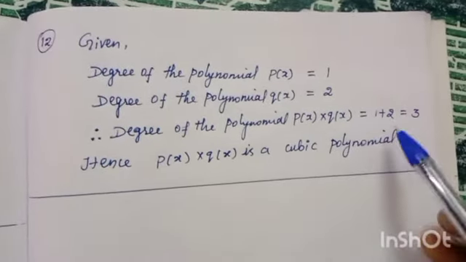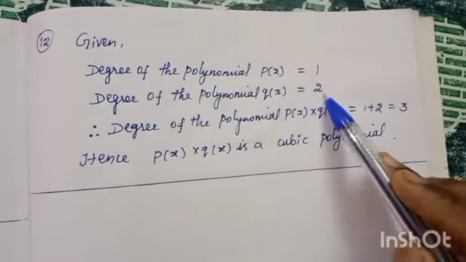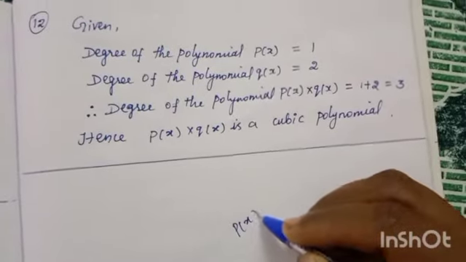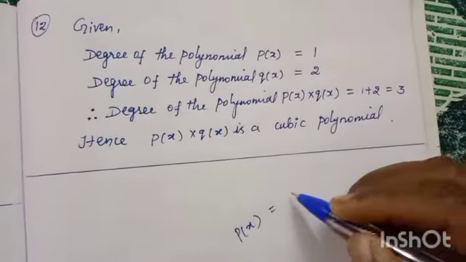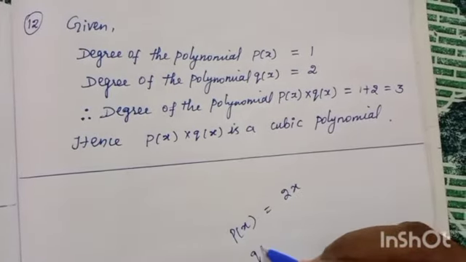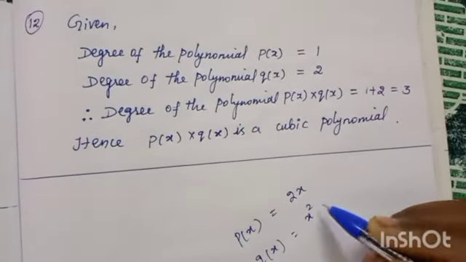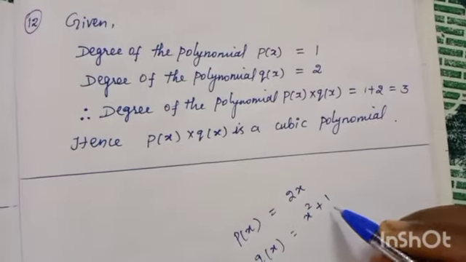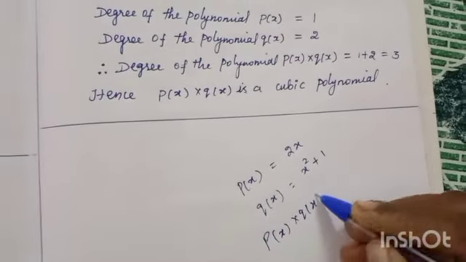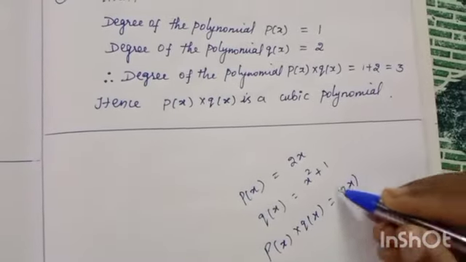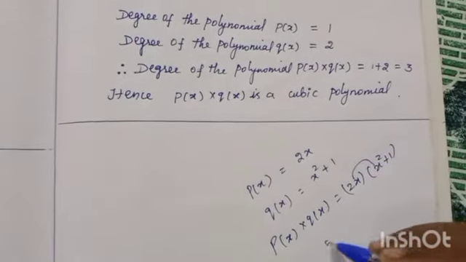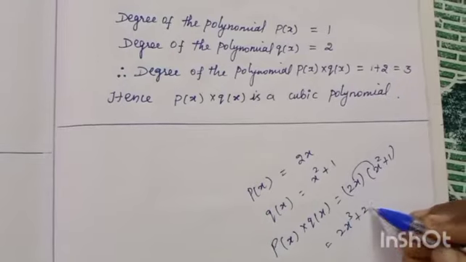For example, how do you check this degree 3? P of x has degree 1, so take any polynomial, 2x, with degree 1. Q of x is equal to x square plus 1, its degree is 2. Now find P of x into Q of x. That is 2x into (x square plus 1). Multiply these two: 2x cube plus 2x.